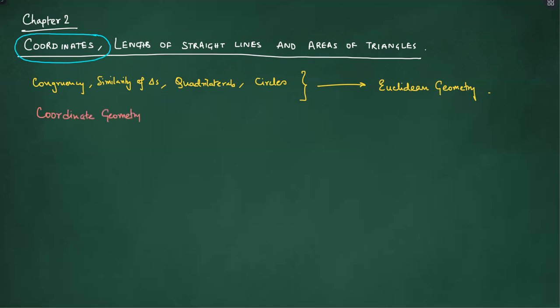In coordinate geometry, or in many places you will find the reference to this word, analytical geometry. This is basically an amalgamation of two things: normal geometry as we know it, along with which we use equations of algebra to represent figures.